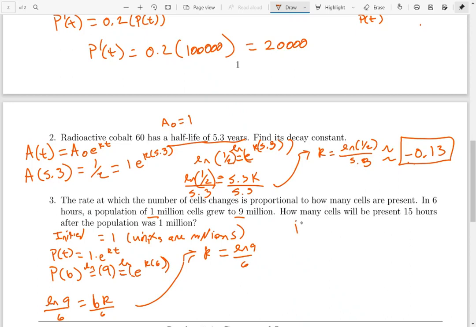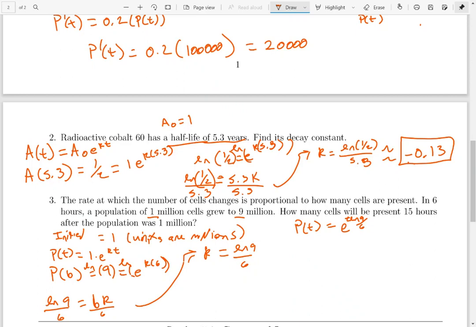And so specifically that means that my population function P of t is equal to e to the natural log of 9 divided by 6 times t. And so we don't get messed up, I'm going to put the t out front. So it's t times the natural log of 9 divided by 6. Now at this point, we just want to figure out how many cells will be present 15 hours after that.